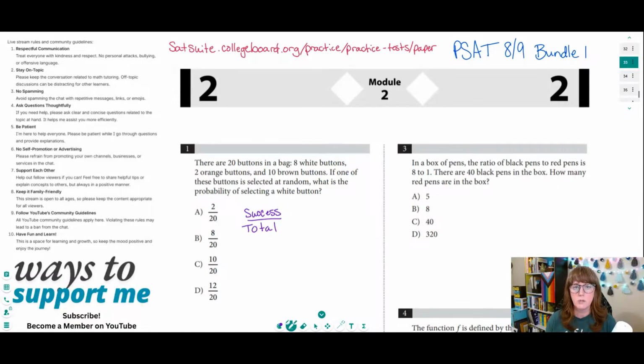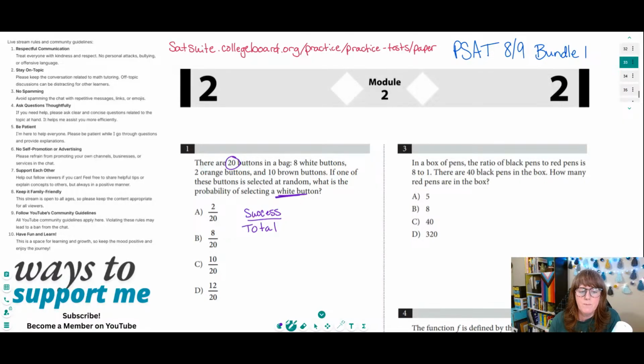And that includes the number that is the success as well. So if we are looking at the total, we want to include the white buttons in that total number as well. They're telling us though that there are 20 buttons in the bag, so we don't have to count.